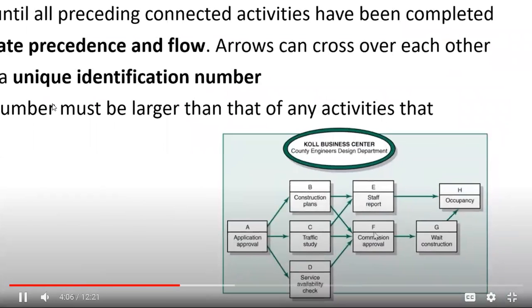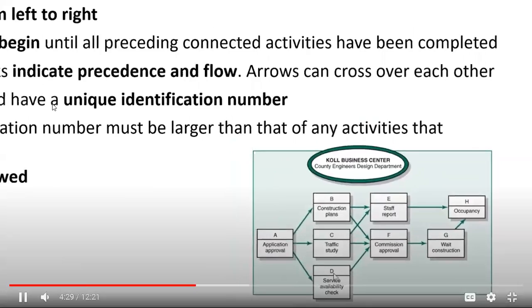We can't actually start F until B, C, and D are all complete because these arrows all go into F. But on top of that, A also needs to be complete because it's a predecessor to B, C, and D. So in order to complete F, A, B, C, D all have to be completed.